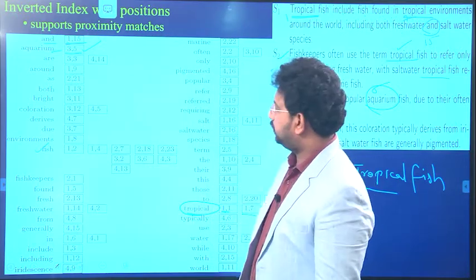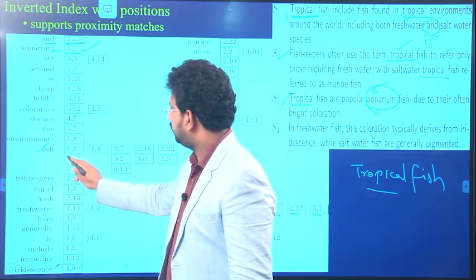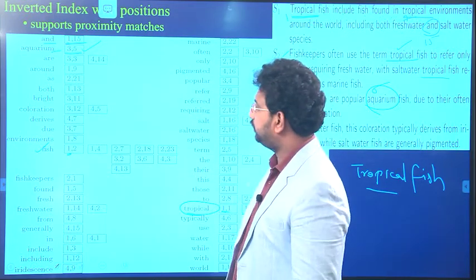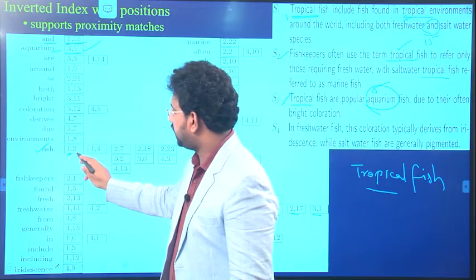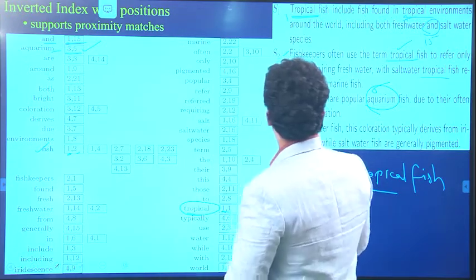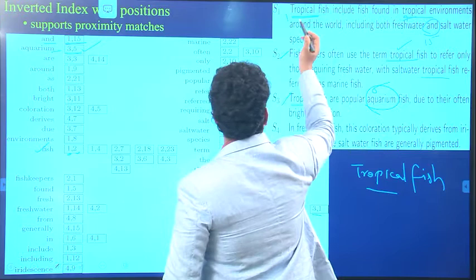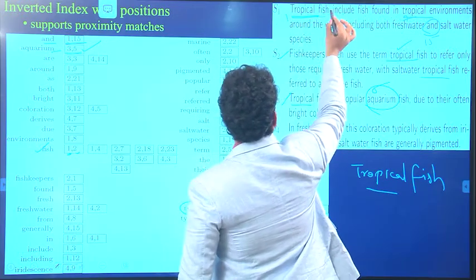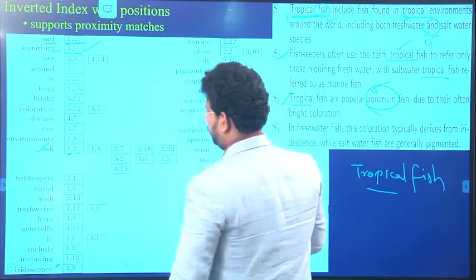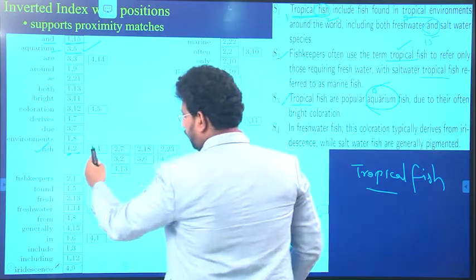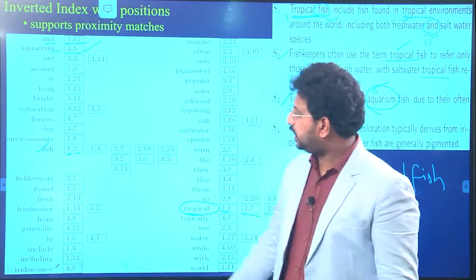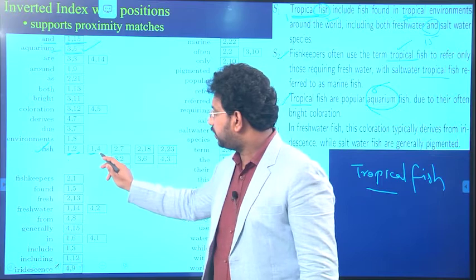Fish. So the first document consists of the word "fish" at the second position. Where is it? The first document or the first sentence consists of "fish" at the second position. So the first document followed by the position, and next the first document followed by the fourth position.